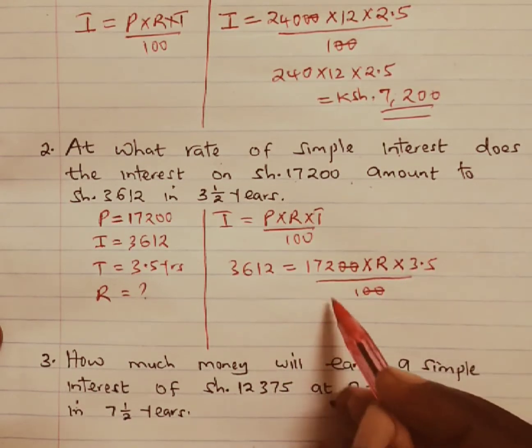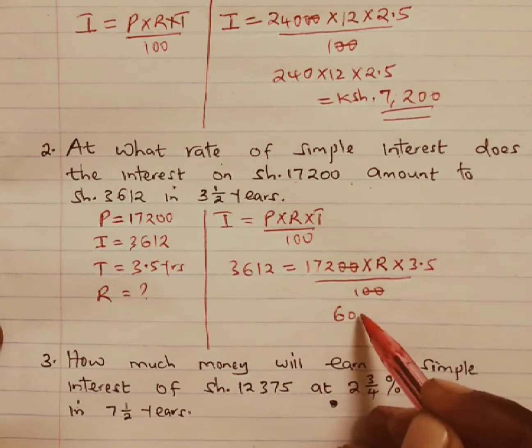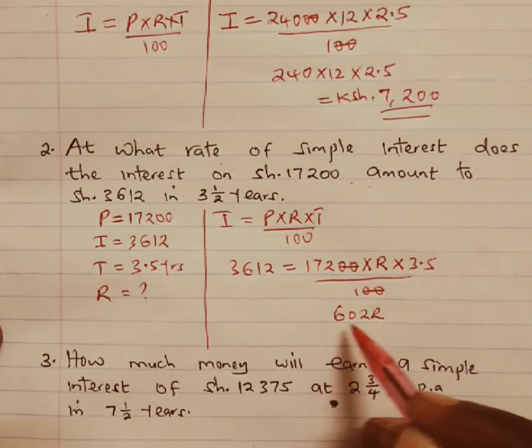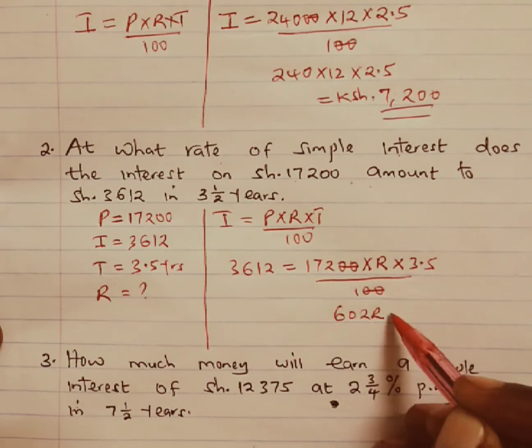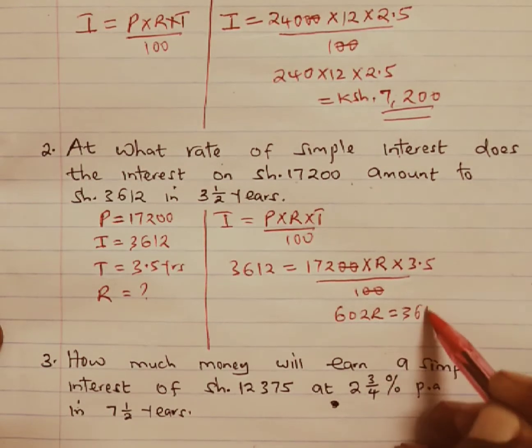So we can say we have 602R, and 602R is going to be equal to 3612.